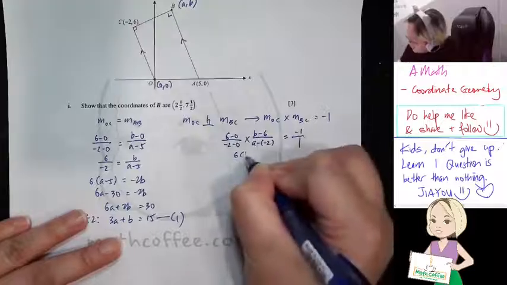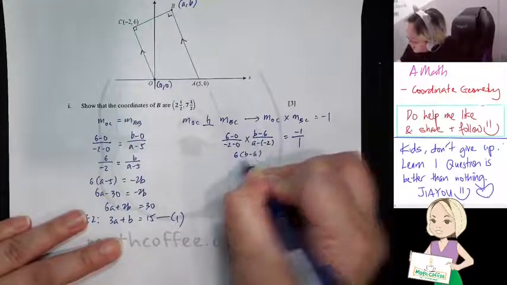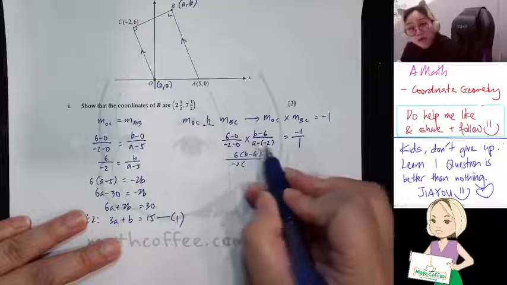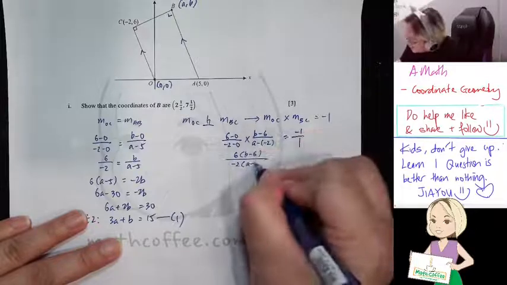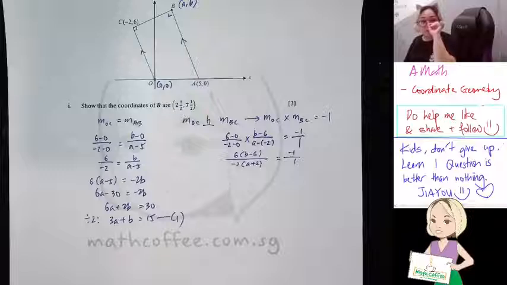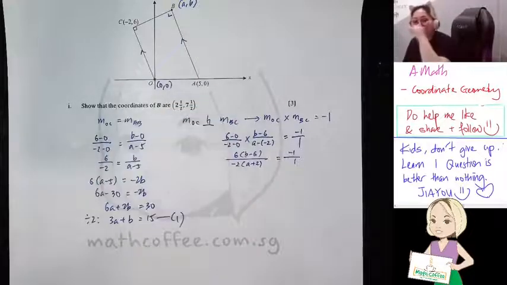6 multiplied by B minus 6 over minus 2, this is A plus 2, A plus 2. So this is A plus 2 equals to -1 over 1. So if you notice, sometimes I make use of brackets. When it's negative, I use round bracket. After I use round bracket, I use square bracket. Okay, so those brackets are important.